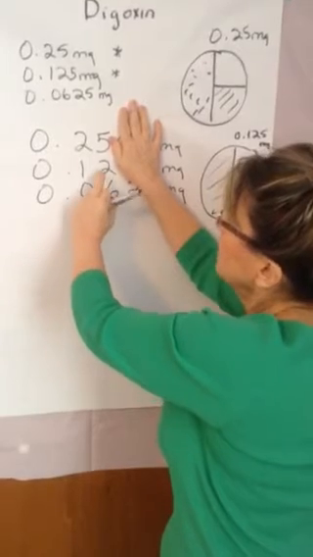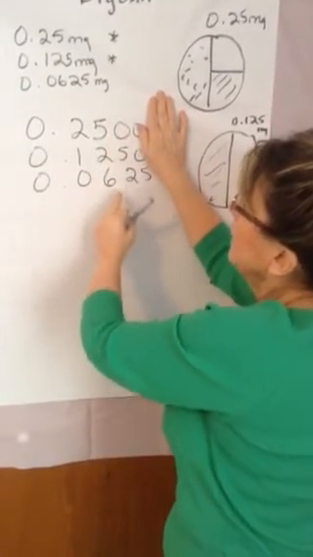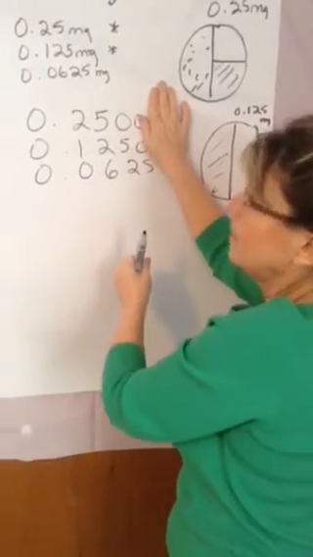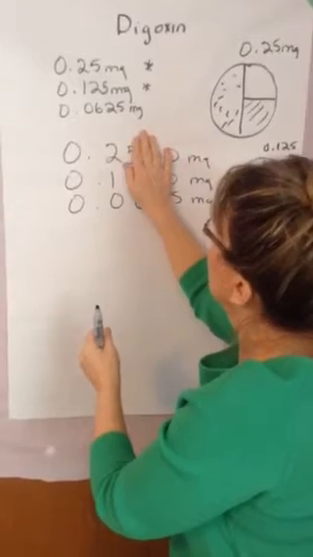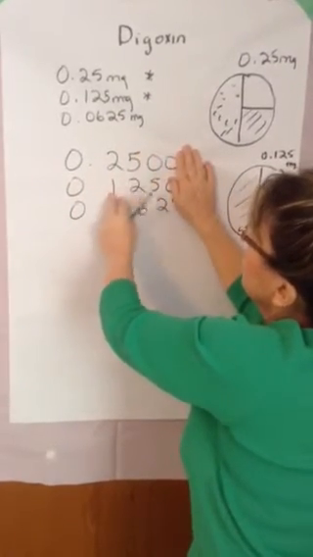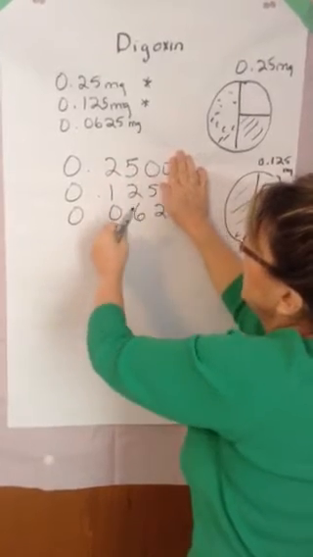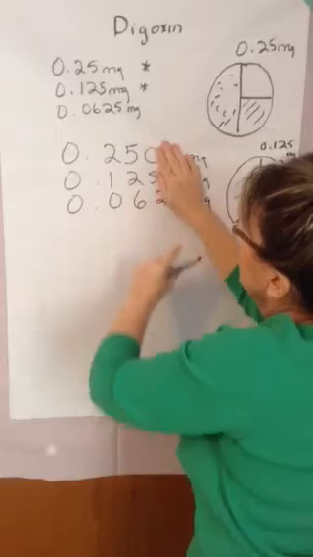So 2 of these make that. 2 of these make this. Do you want me to do that one more time? Okay. Even here. 2 of these make this. So 2 125s make a 250. It's like double. 2 of these make this.